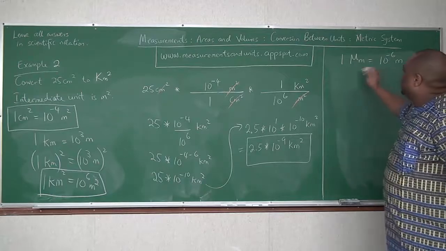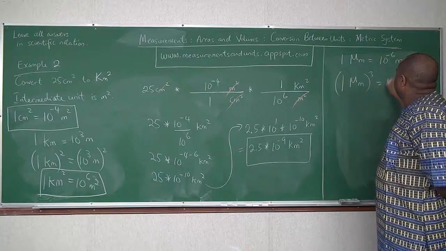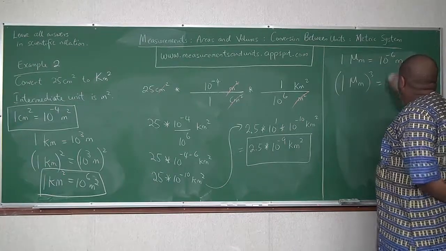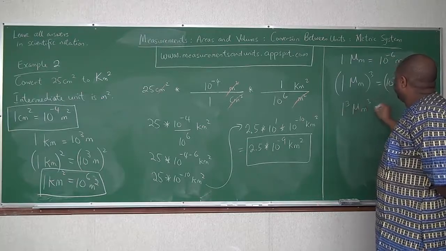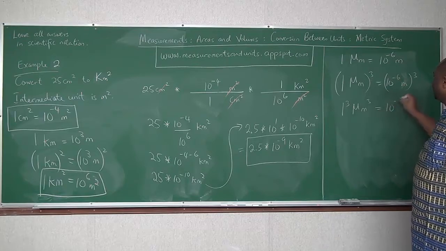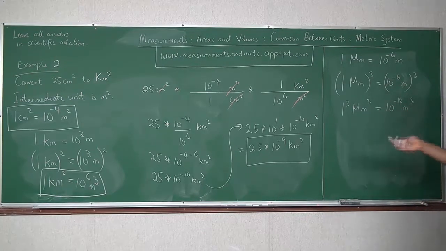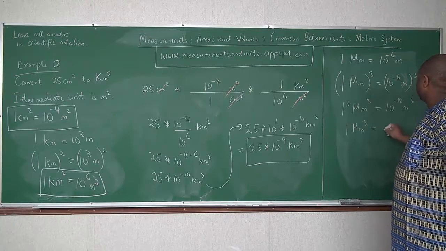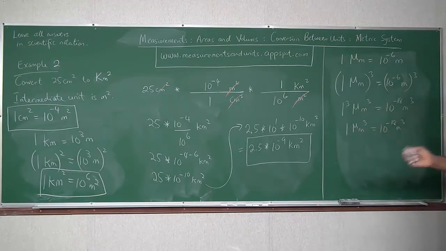So all you need to do is just cube both sides. So 1 micrometer cubed is equal to 10 to negative 18 meters cubed. That's it. And that is how you do it.